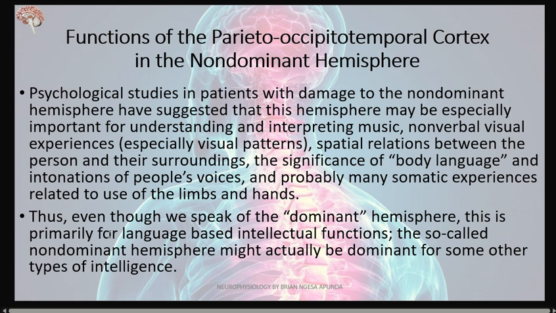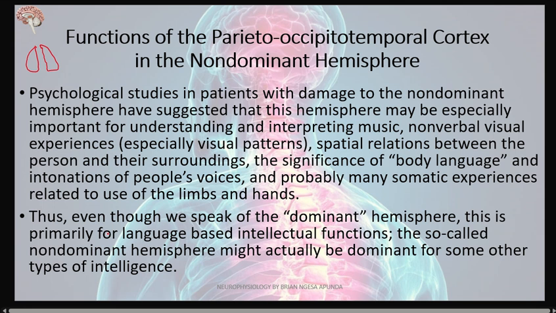So on top of the Wernicke's, we also have another important associatory area, that is the parieto-occipitotemporal cortex. This is in the non-dominant hemisphere. So I want you to compare two hemispheres. We are having the left and we are having the right.